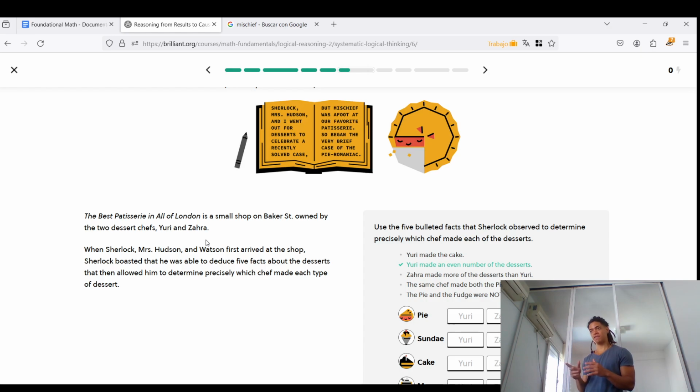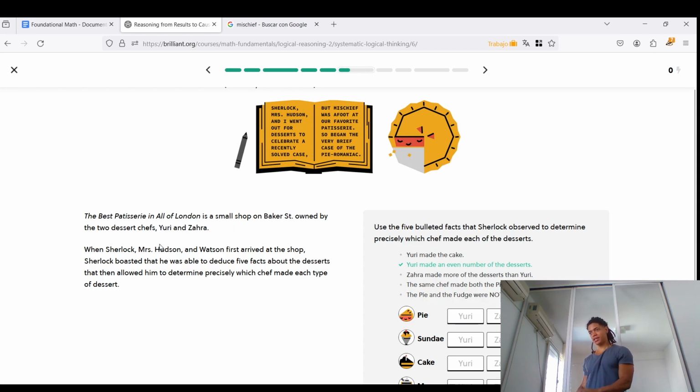So this is a fact, or at least allegedly the best pasticier. This is an opinion, but the fact is that they are on Baker's End and are owned by two dessert chefs, Judy and Sarah.